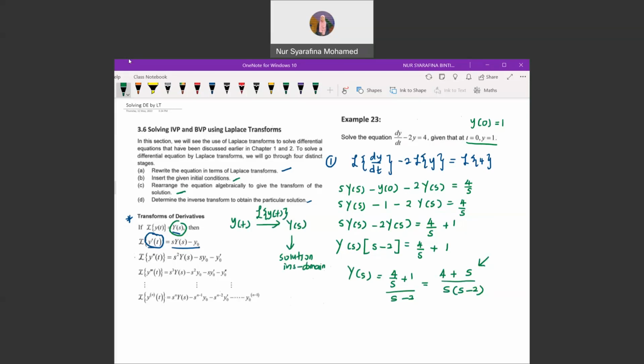So in solving DE, we are going to go through this process, and then we want the solution in t domain. Then we need to do inverse transform of Y(s). Now, our solution here is in terms of Y(s). Now we want to get y(t), means that we have to inverse transform the solution of s here.